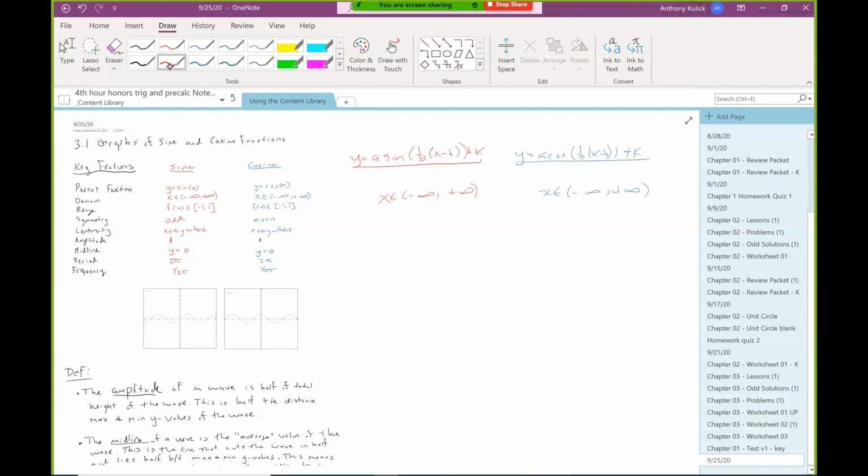Yes, right, the y-coordinates would be different, correct? So the range should change. Will that change be additive or multiplicative? Additive. So my range then is going to be negative a plus k comma a plus k.